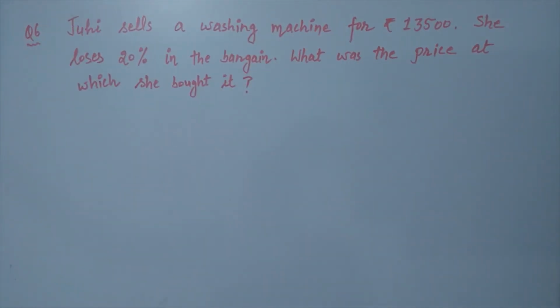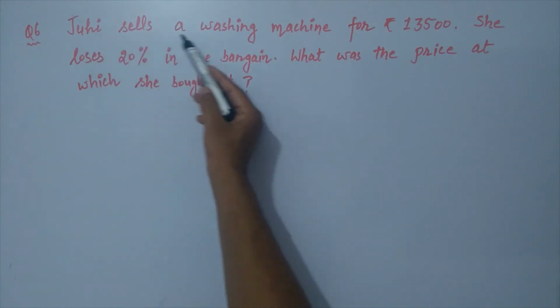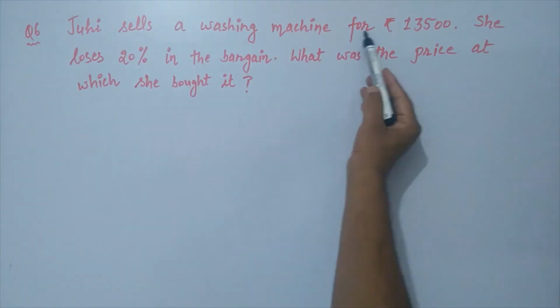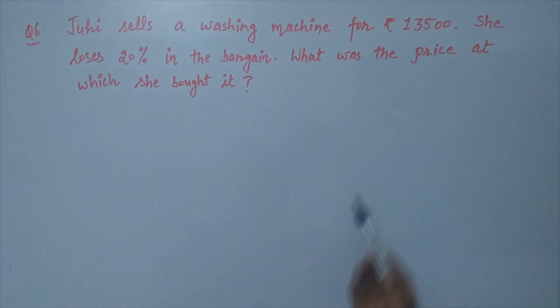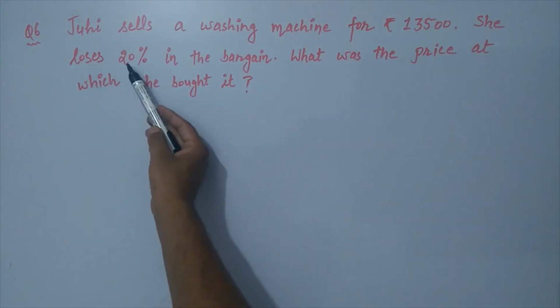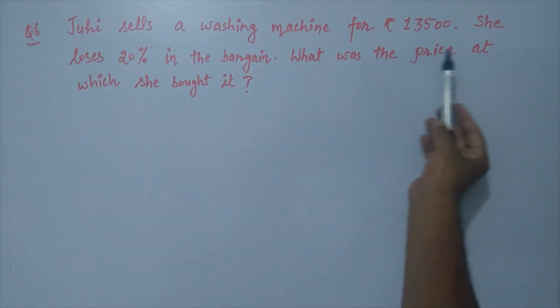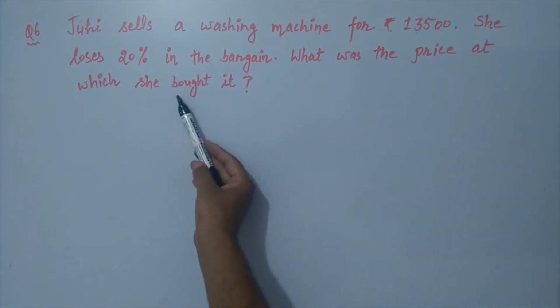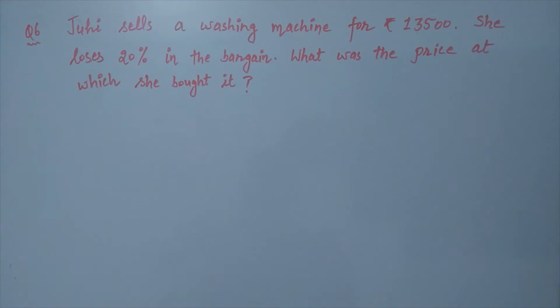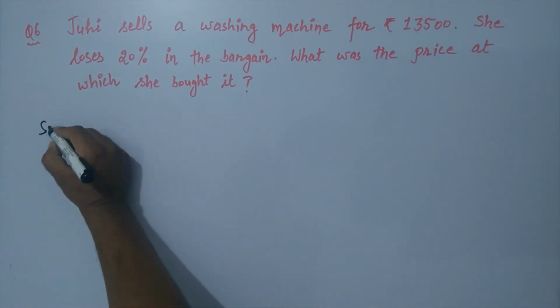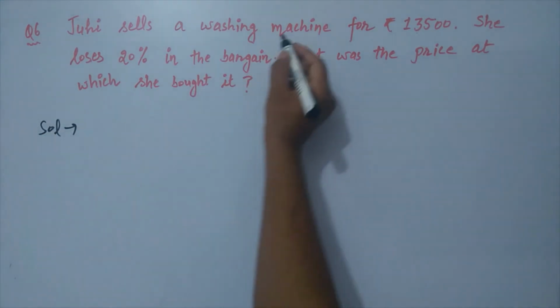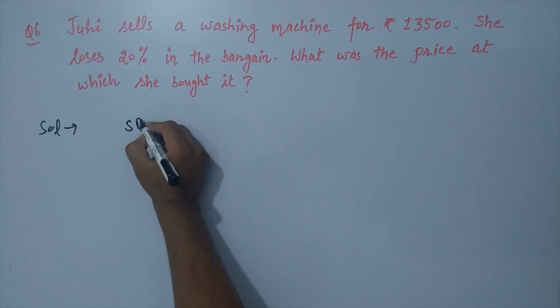Question number 6 is, Juhi sells a washing machine for rupees 13,500. She loses 20% in the bargain. What was the price at which she bought it? So here, my dear students, what is the selling price?